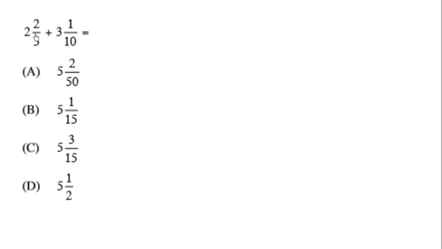Now we want to simplify 2 whole number 2/5 plus 3 whole number 1 over 10. So first of all, let's add the integer parts.